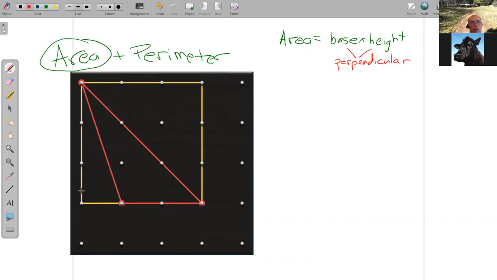And so we can see over here, I have right angles here and here for these yellow triangles, and then this is definitely a square. When we're working with the geoboard, our assumption is that the distance vertically between 2 points and horizontally between 2 points is 1 unit. And then we go from there.